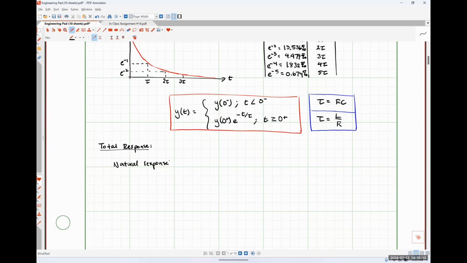So the natural response of a circuit is what happens when the circuit abruptly loses its excitation sources.